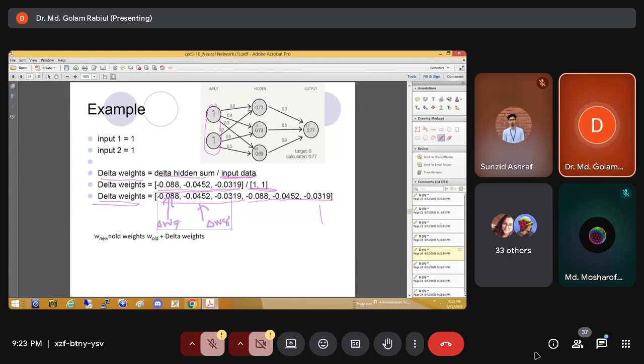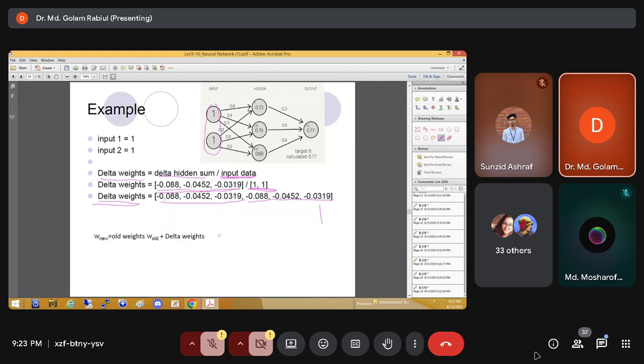So this is our W1, so delta W1 up to delta W6. The rate of change of this W is negative 0.088, and similarly, up to this one, it will be negative 0.031.